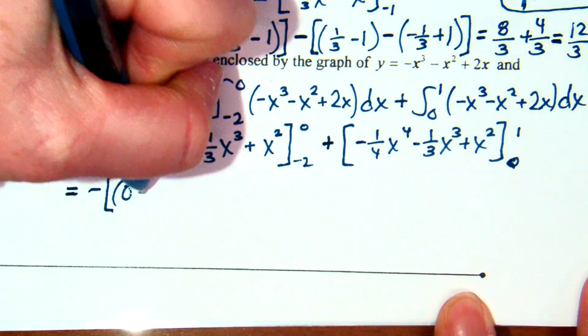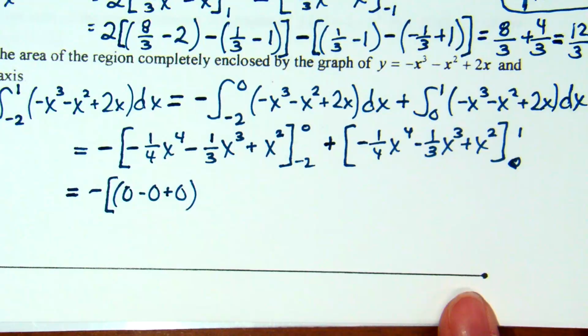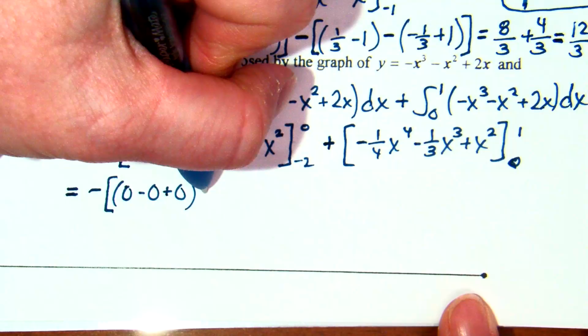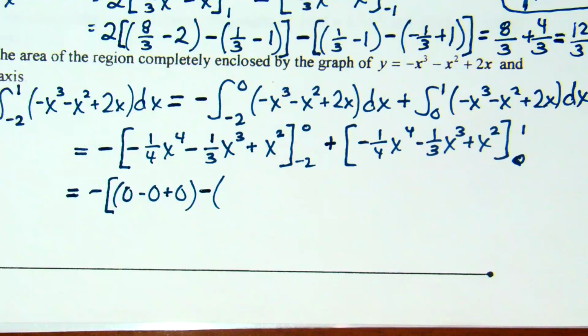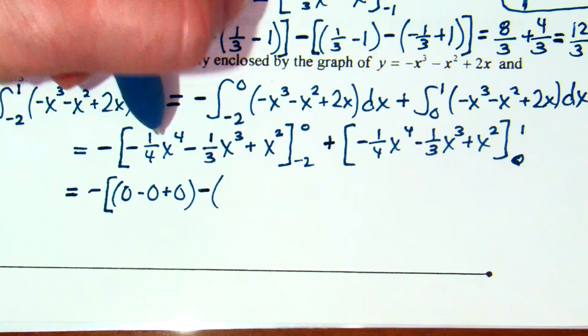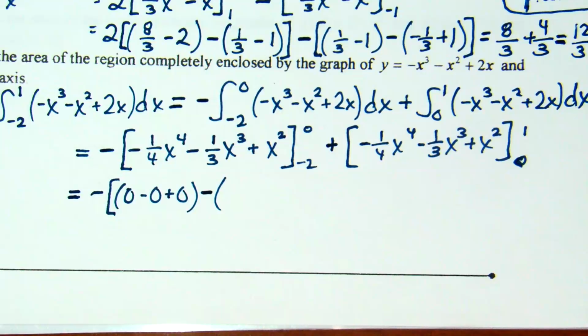negative 2. Now you have to math. Okay, negative 2. When I put it into negative 1/4 x to the 4th, 2 to the 4th is going to be 16 divided by 4. Divided by the negative 4, I guess I should say, is negative 4.